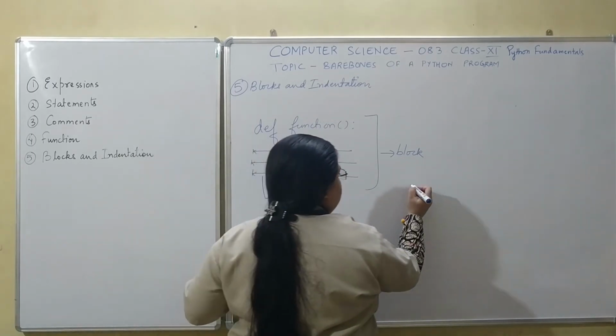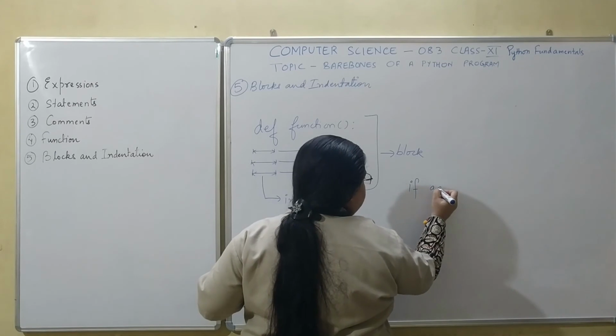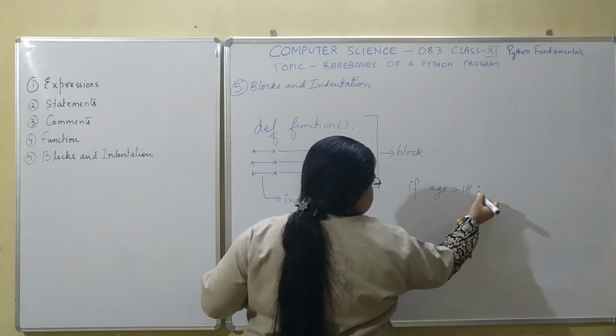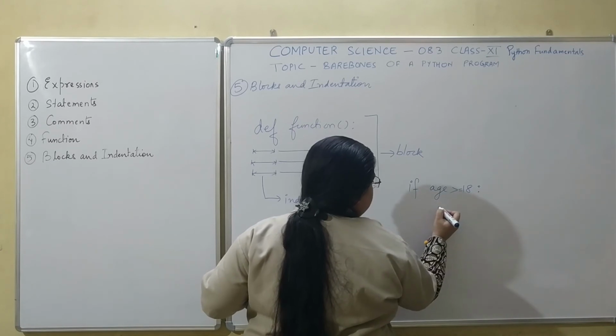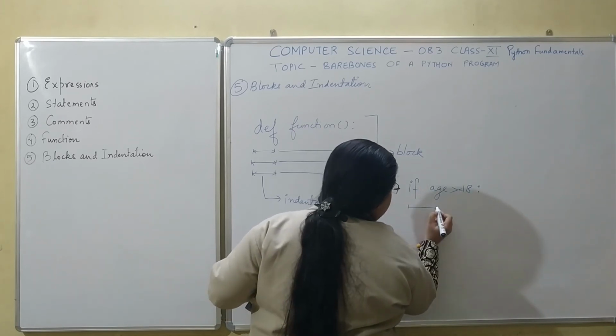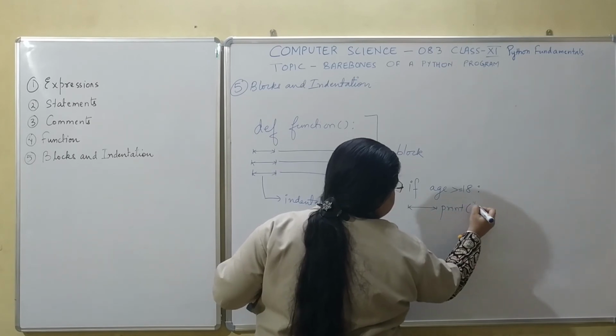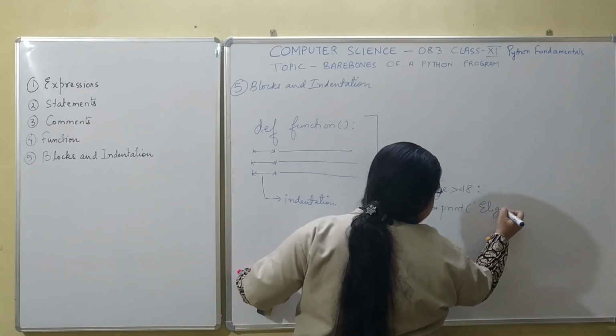Suppose I write a program: if age is greater than or equal to 18, then after this I will leave some space and type print is eligible for voting.